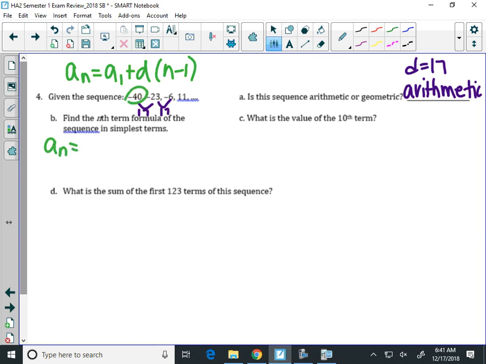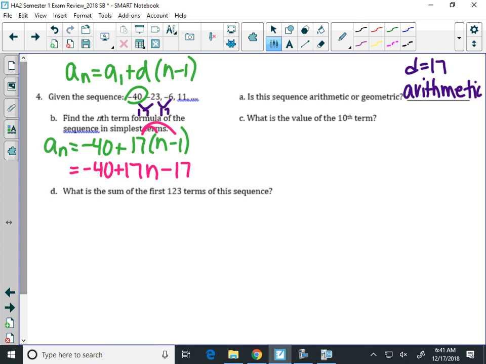First term here is negative 40. That's a sub 1 plus d, our common difference, times n minus 1.